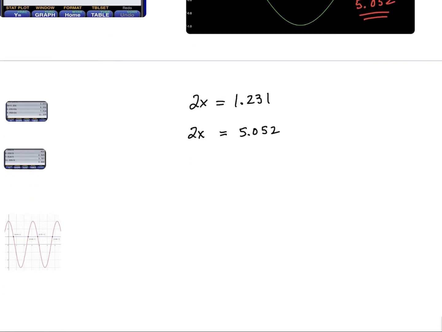Now it's important that you do not divide by 2 right here until the very end. So find your first two solutions. If you need 2 more solutions, then add 2 pi, and they will all say 2x equals. And then as a very last step, I will divide by 2 on all of them.